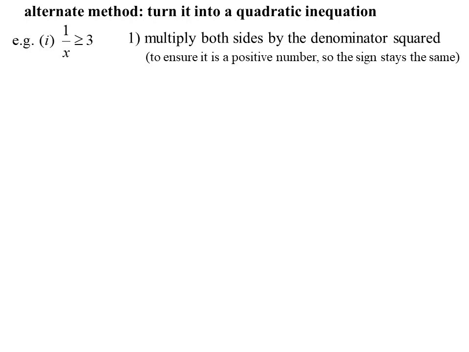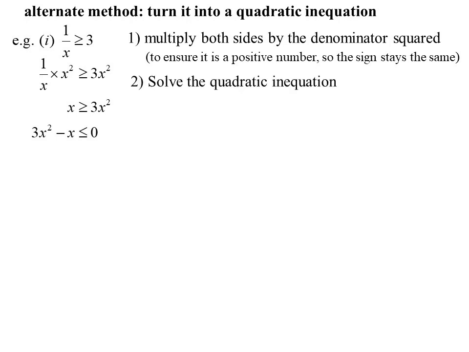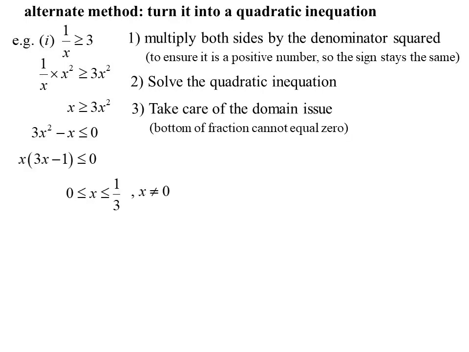So you multiply by the denominator squared. You multiply both sides by x squared. You end up with a quadratic inequation. So like the absolute value one, we're turning it into a quadratic. And we know how to solve quadratic inequations. So we go and solve that one, and we end up with our answer.